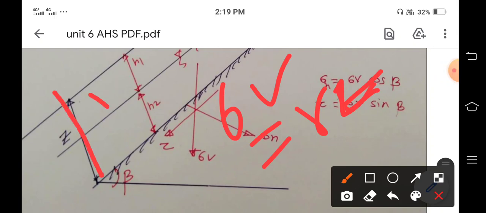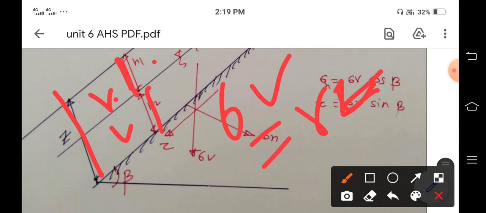But here gamma differs for the first zone, that is for the first height h1, gamma will be different, so its formula will be gamma into h1, and for the second thickness, that is h2, gamma will be different, that is gamma saturated, because in this portion water will be there.